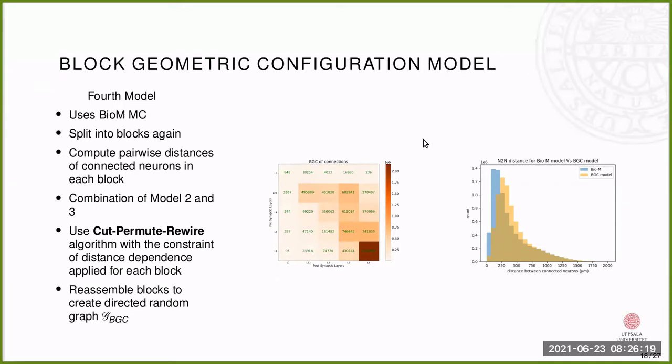Once we've completed the first block here, from presynaptic layer 1 to postsynaptic layer 1, we then focus on the next block and the next block and the next block. We do this for all 25 blocks, and then we can reassemble the matrix M, and we get ourselves a representation of the directed random graph G sub BGC.